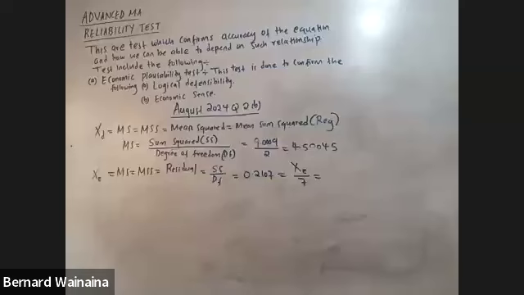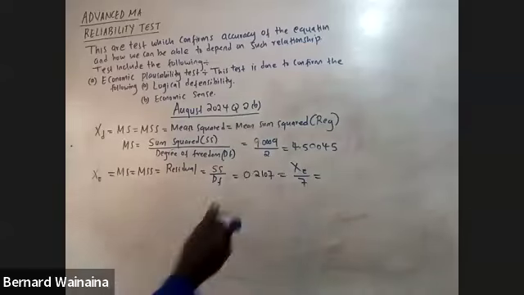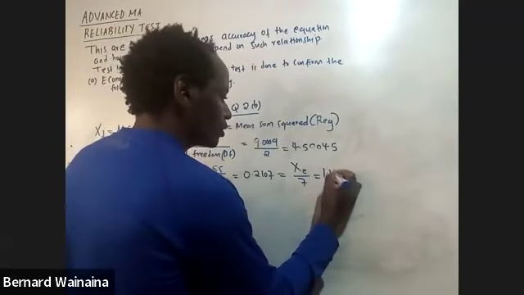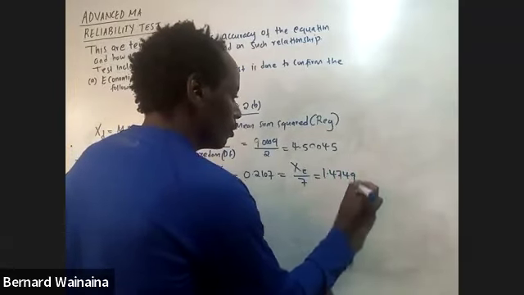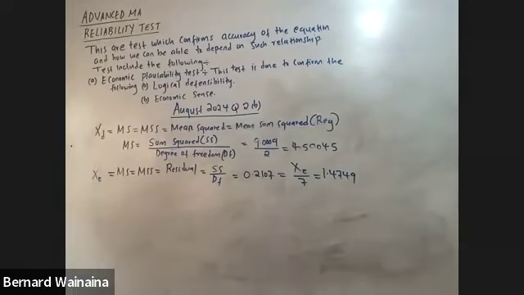So what will be our value of XE? Yes, 1.749. And what does that represent? It represents the mean squared of both items.